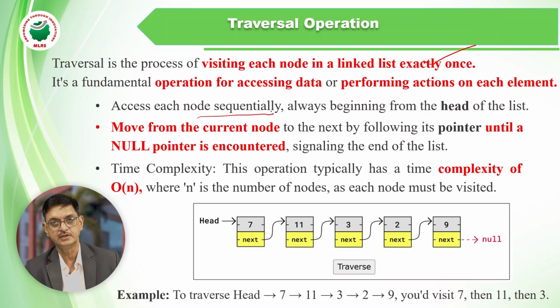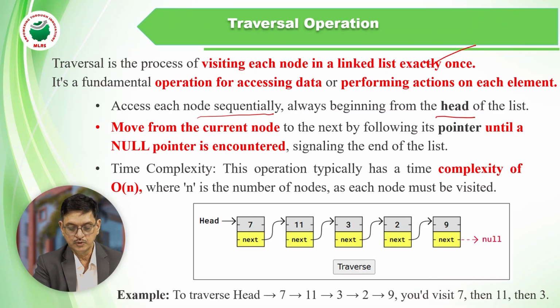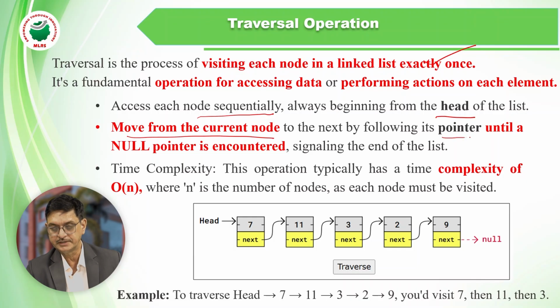We always begin from the starting or first node, represented by the head. Moving from the head, we identify the first node. From the first node, we can move from the current node to the next node by using the pointer until a null pointer is encountered.